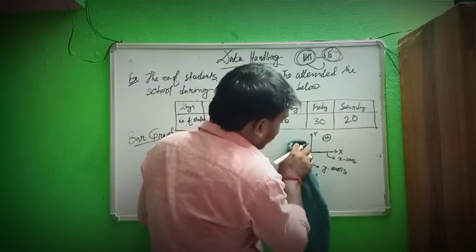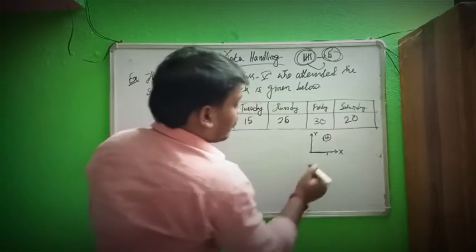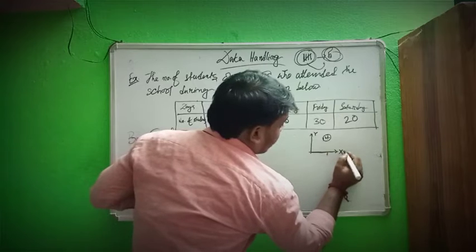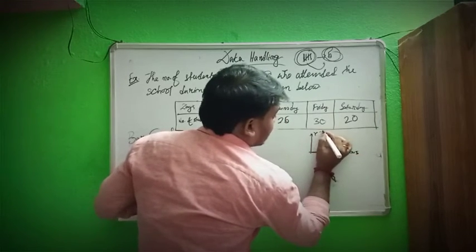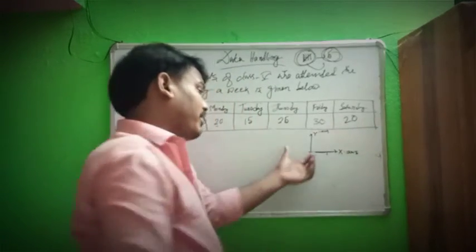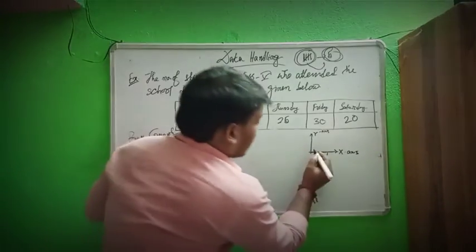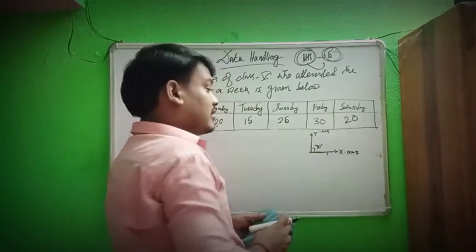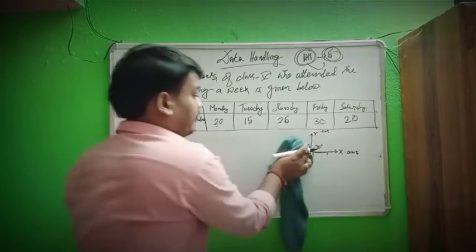Here we don't need these three parts. We need to draw OX and OY. OX is called the X axis, and OY is called the Y axis. If you memorize only this thing, then it is enough for class 5, and this is always a 90 degree perpendicular axis. You need this concept to draw a bar graph.